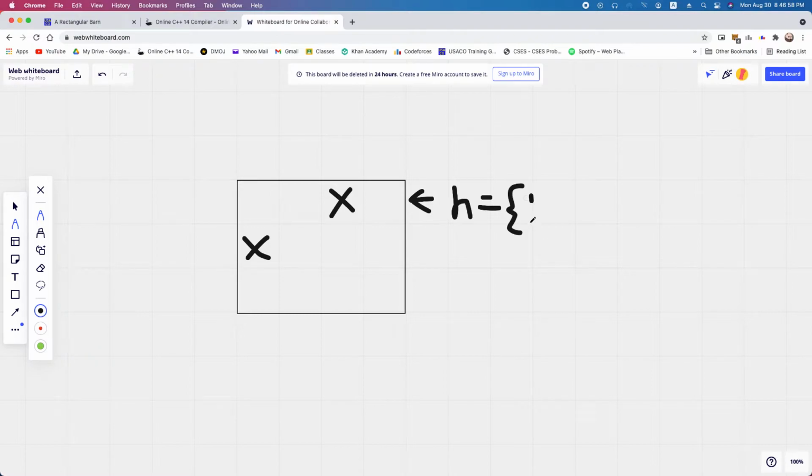The first one will be equal to 1, the second one is 1, the third one is 0, and the last one is 1 as well. So we can take a look at this and find the biggest rectangle that is connected. Here the biggest one will be these two ones added together, which is 2.